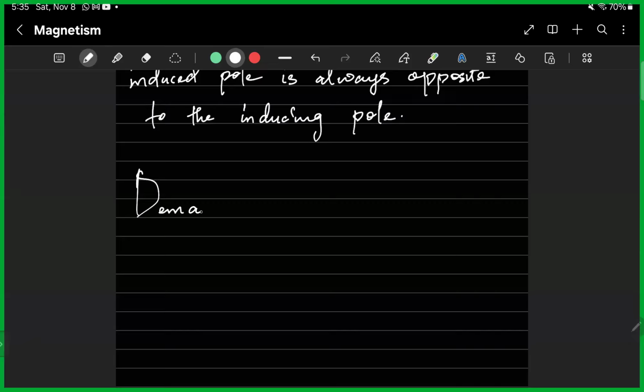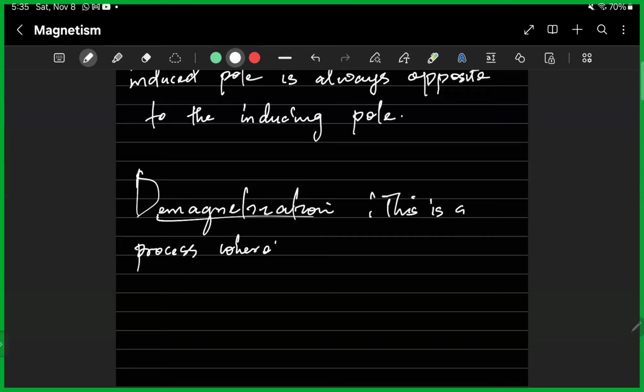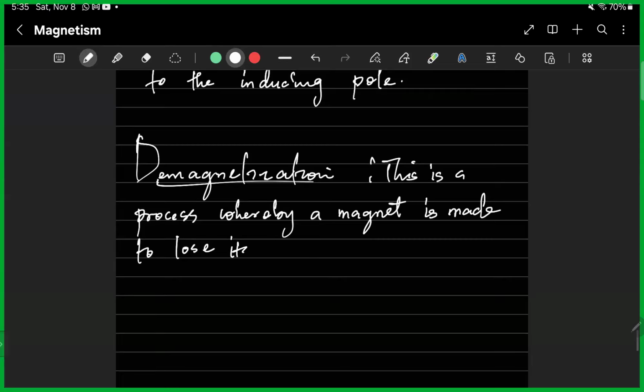We've talked about magnetization. So what is demagnetization? How does that process occur? This is a process whereby a magnet is made to lose its magnetism.